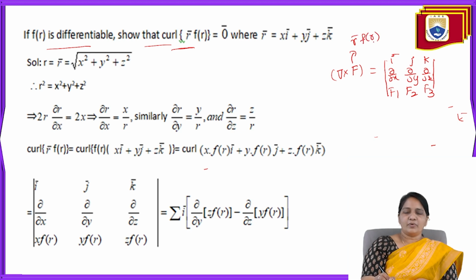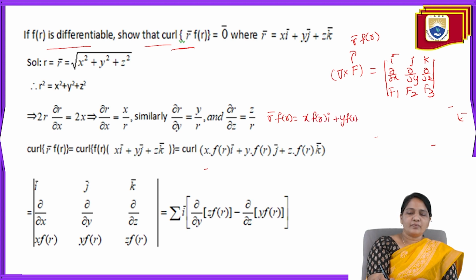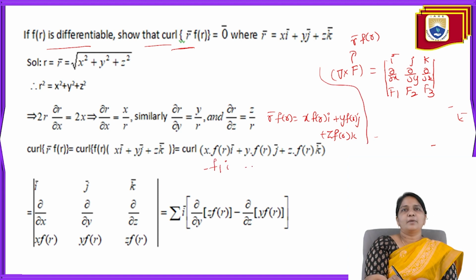R bar into f of r equals x into f of r i plus y into f of r j plus z into f of r k. So according to this, it is f1 i plus f2 j plus f3 k.